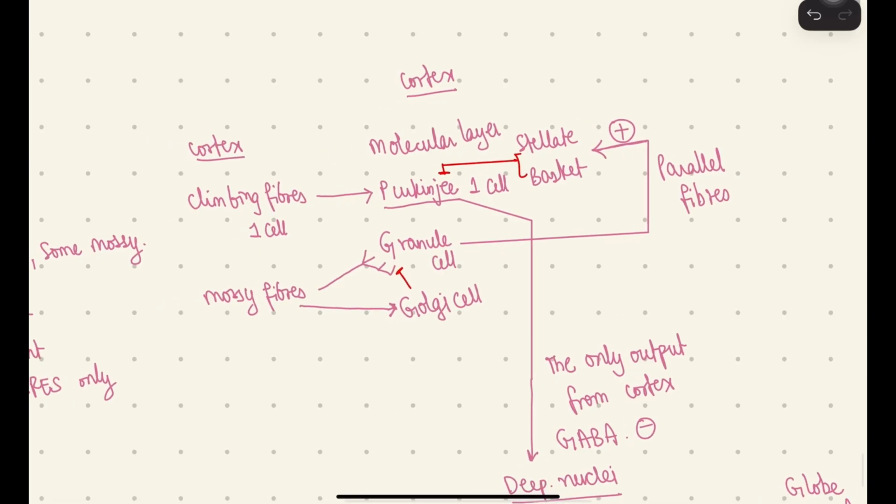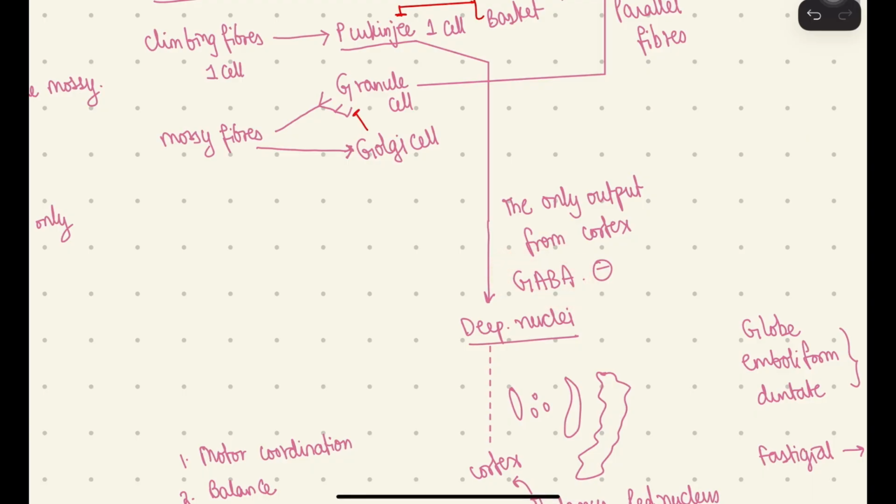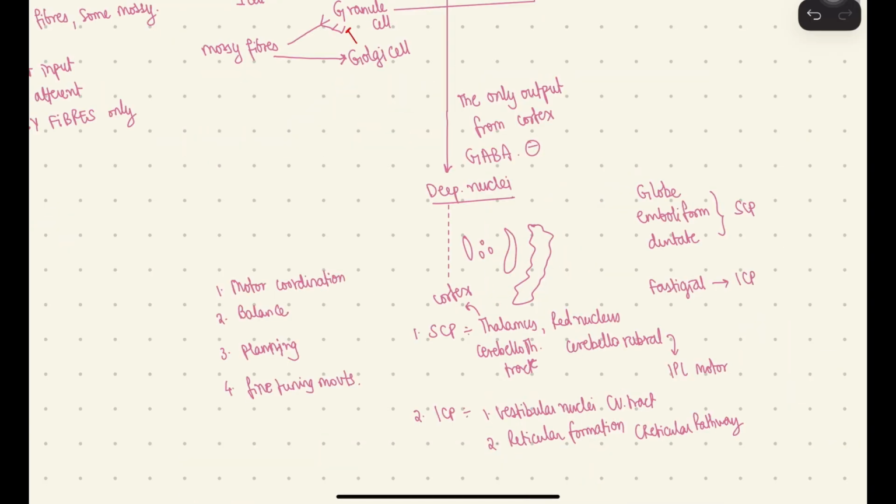So from the brainstem and spinal cord, different fibers make the journey through the peduncles and come into the cortex, and in the cortex the protagonist is the Purkinje cell. Why? Because this is the only output from the cortex, and these are GABAergic neurons, so it's inhibitory.